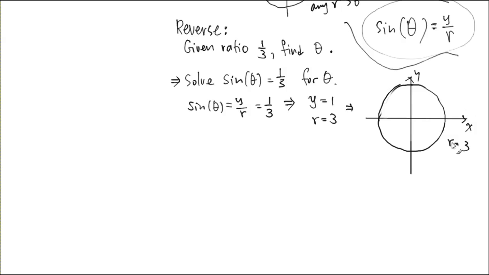And we're looking for points whose y-coordinate is 1, right? So here's the top of the 3, here are the coordinates. How many points do you see whose y-coordinate is a positive 1? Do you see points down here on the circle whose y-coordinate is 1? They're all negative, right? So it's up there.